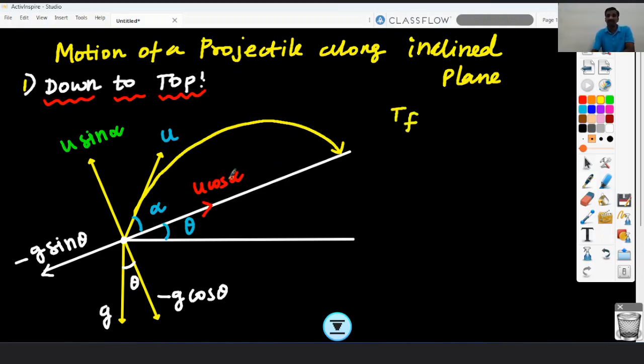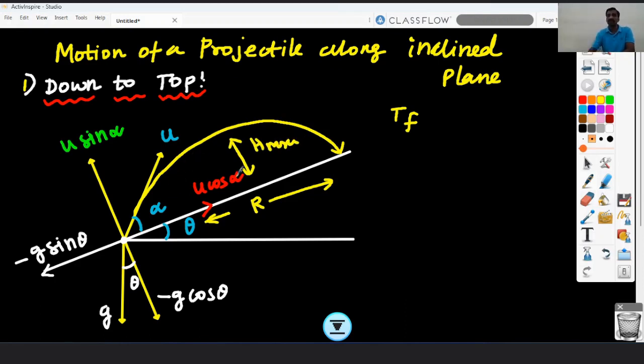Then we can find the range covered by the projectile from the point of projection to where it hits the inclined plane. That distance is called the range, and the time duration from projection to hit is called the time of flight. During the journey, the maximum vertical displacement attained by the projectile is called h maximum. So we can find all these things.